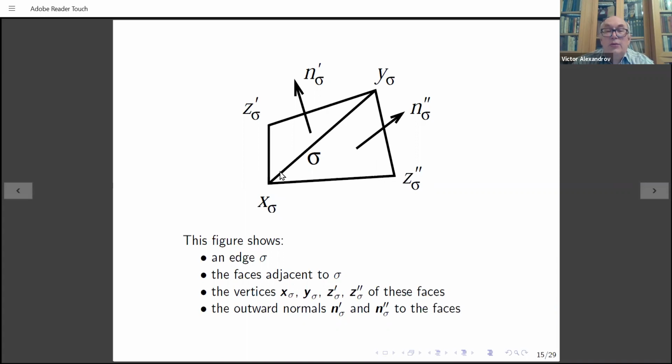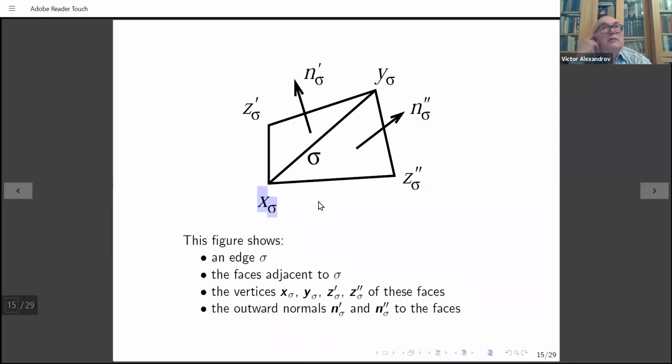And if I take, say, this edge, it means that this vertex will receive the notation, will be denoted by z prime sigma or z2 prime sigma, not x sigma.